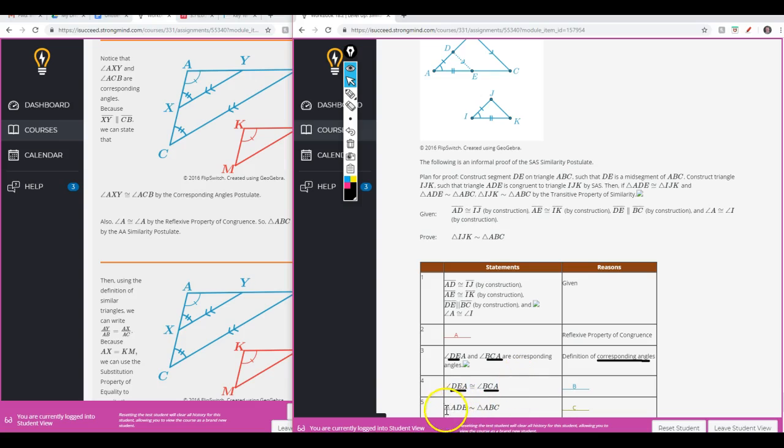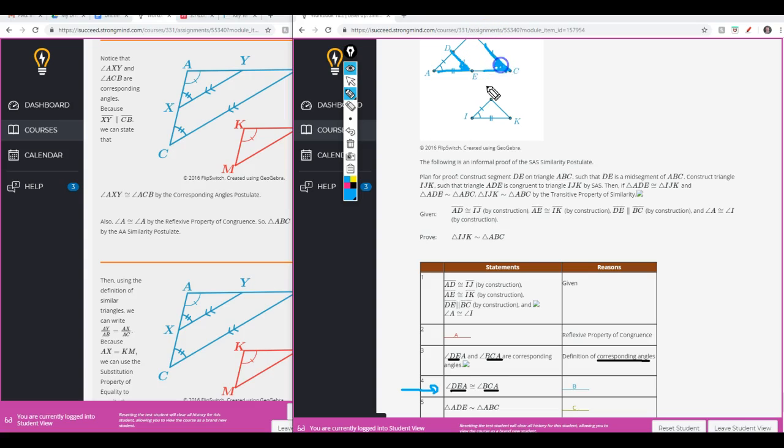Okay, and then it's stating that triangle ADE is similar to triangle ABC by blank. Alright, this is looking back to what has been given, or what has been proven. We proved the angle DEA right here is congruent to angle BCA right there.